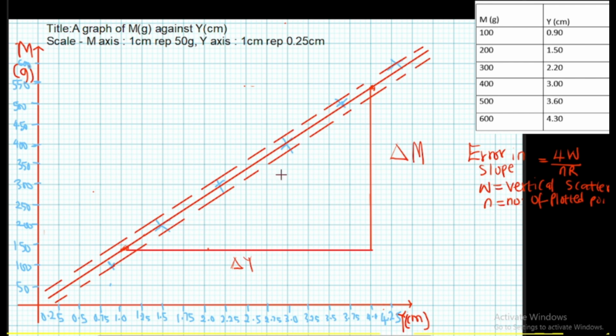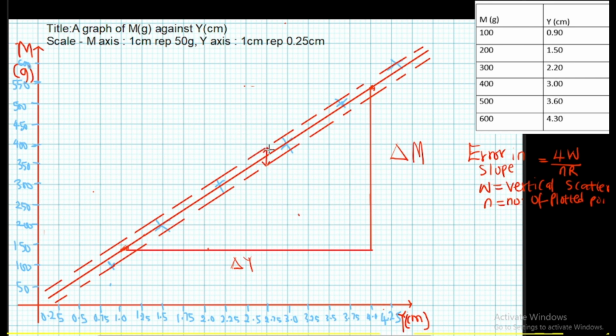So this is what we have. Now those two parallel lines, the one above the line of best fit and the one below the line of best fit, should be broken lines. Now to get our vertical scatter W, we simply draw a straight line touching the line above the line of best fit and touching the line below the line of best fit.